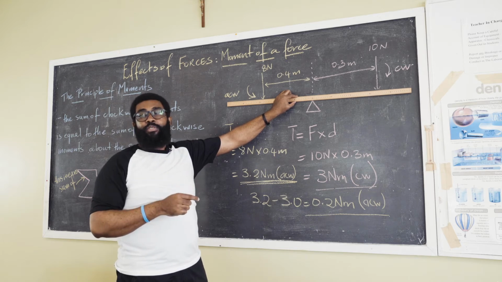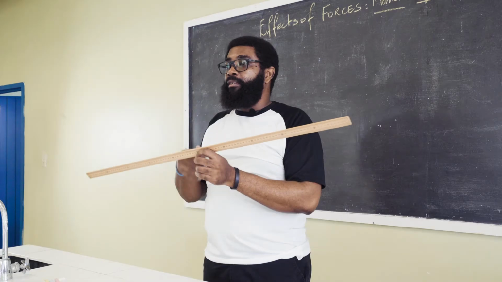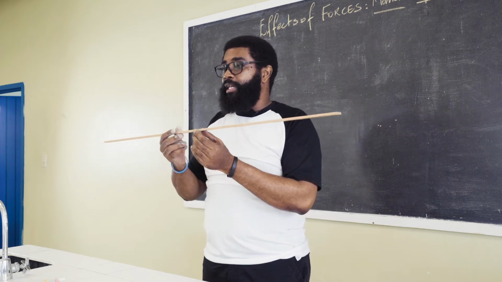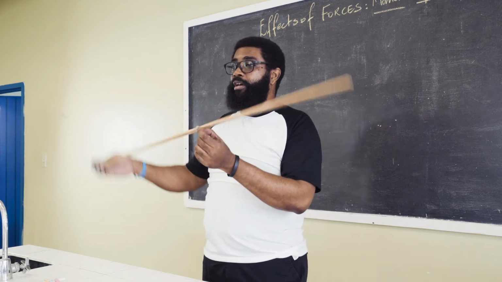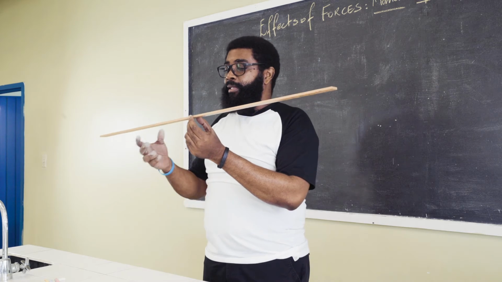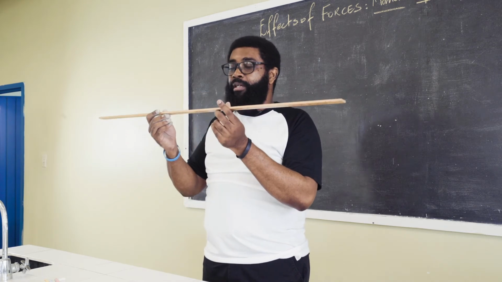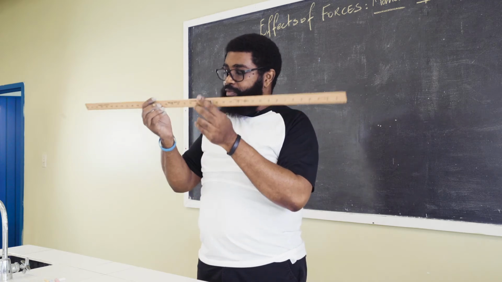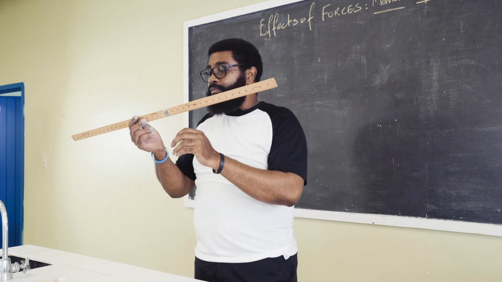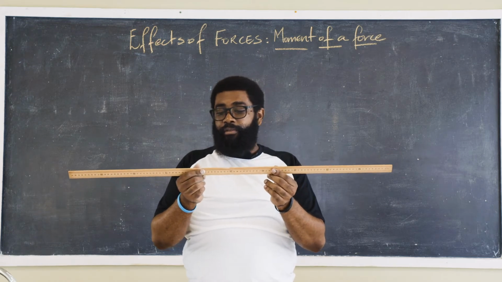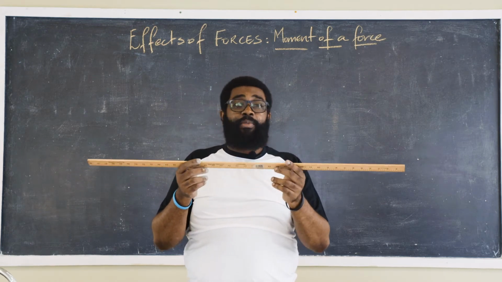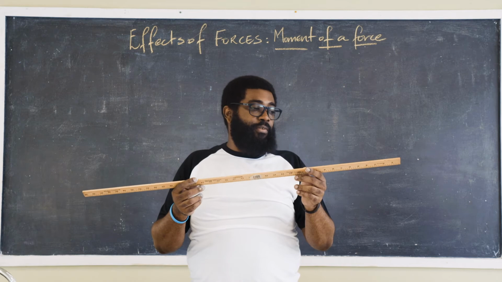So, time for some more problems. Having looked at the principle of moments and the directions of rotation, clockwise or anti-clockwise, we need to examine uniform objects and their weight. Yes, uniform objects and their weight. Now, this ruler should be constructed to be uniform.